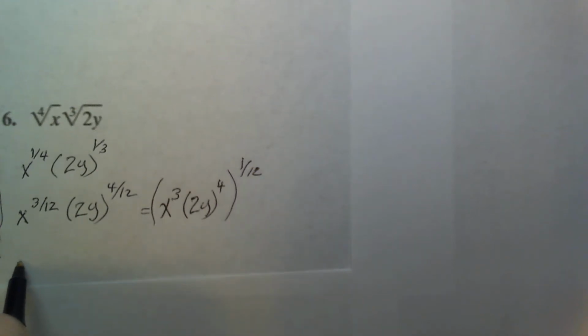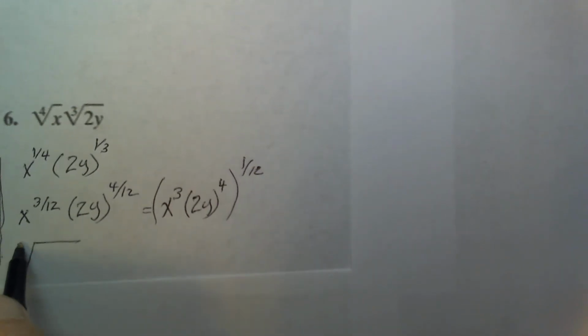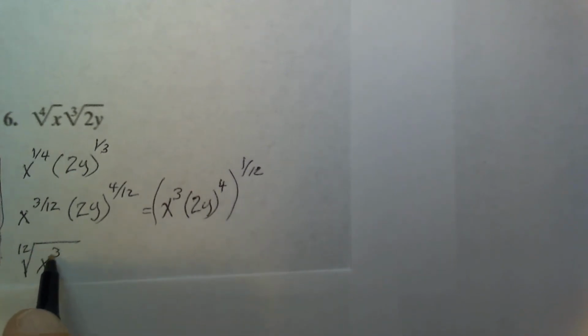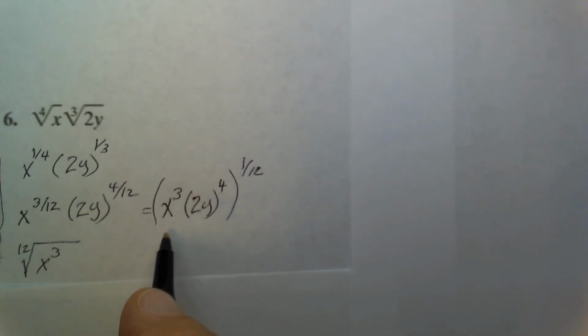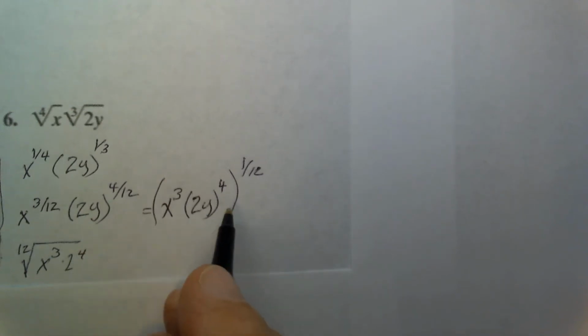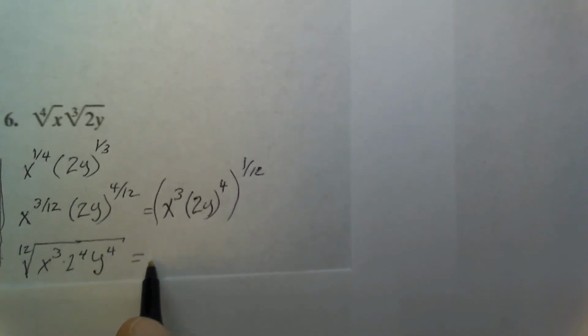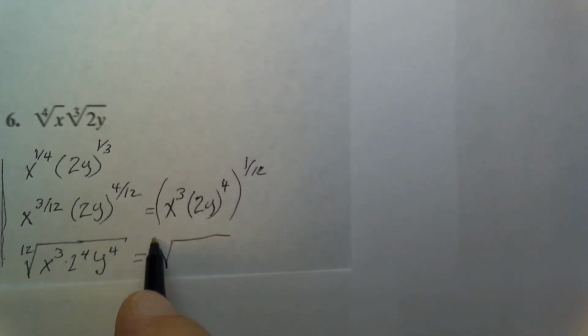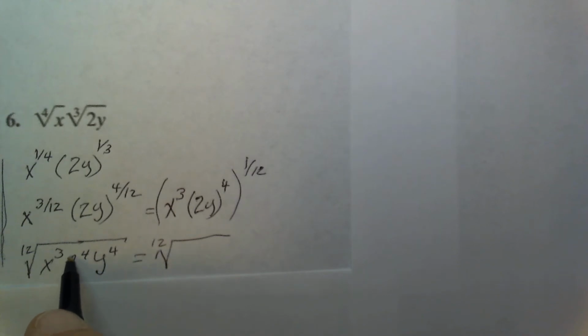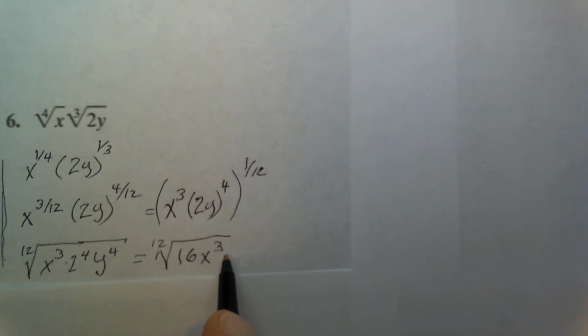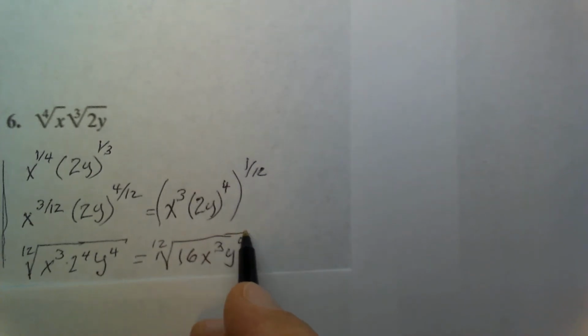And that means we have the 12th root of x to the third, and 2y to the fourth is 2 to the fourth times y to the fourth, and that is equal to the 12th root of 2 to the fourth is 16, x to the third, y to the fourth.